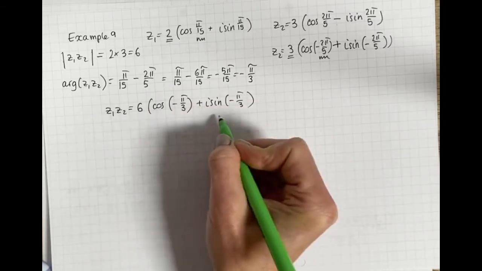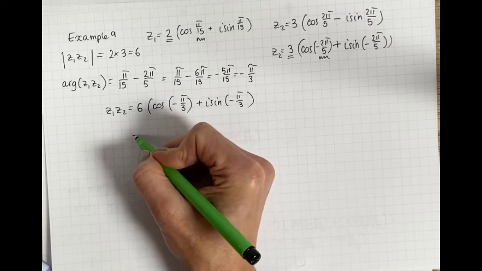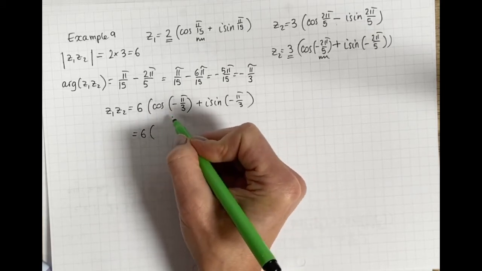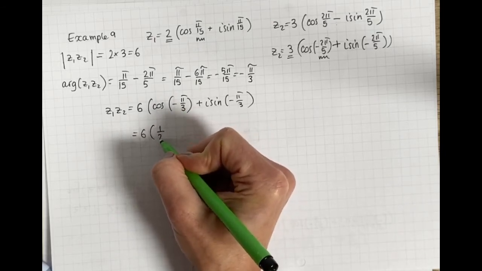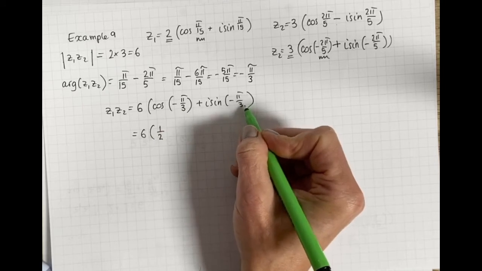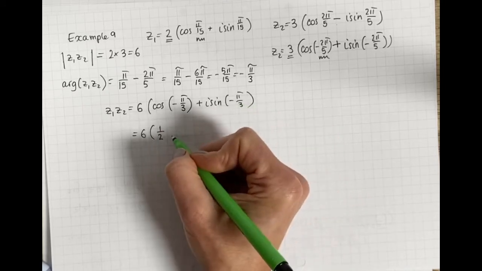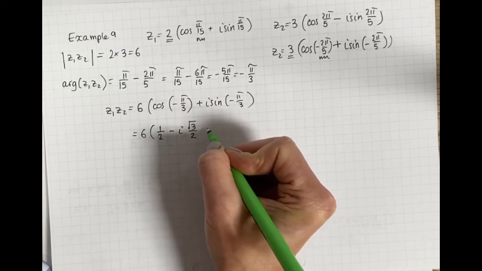Now in the Cartesian form, you just need to evaluate what cos of minus pi over 3 is and sine of minus pi over 3. So cos pi over 3 is 1/2, and minus pi over 3 is also 1/2. Sine pi over 3 is root 3 over 2. With a minus, it's going to be minus root 3 over 2.